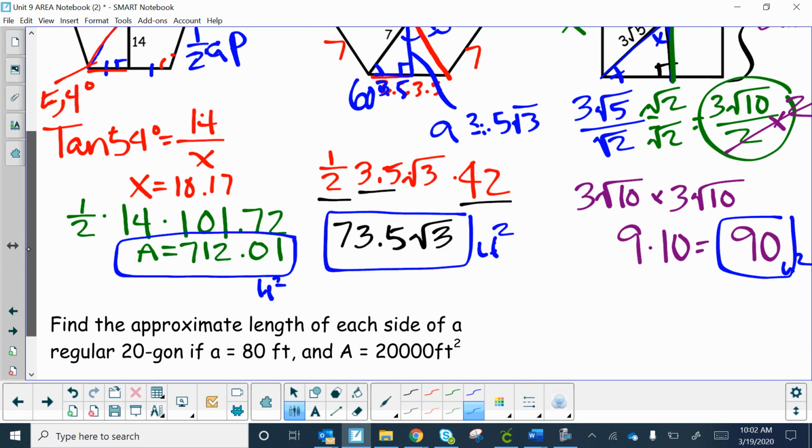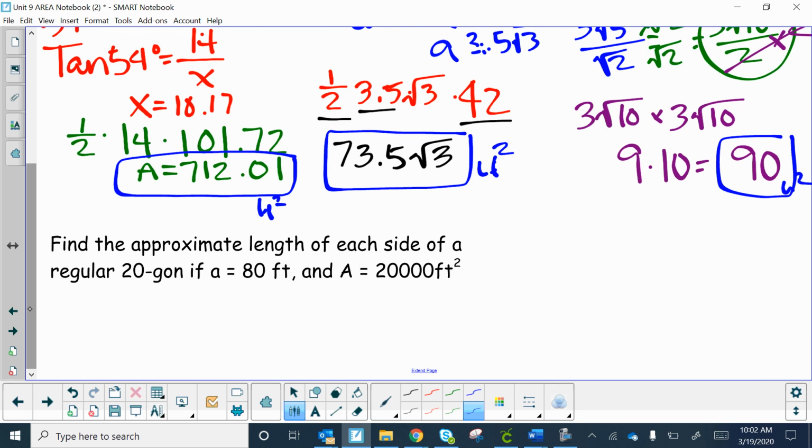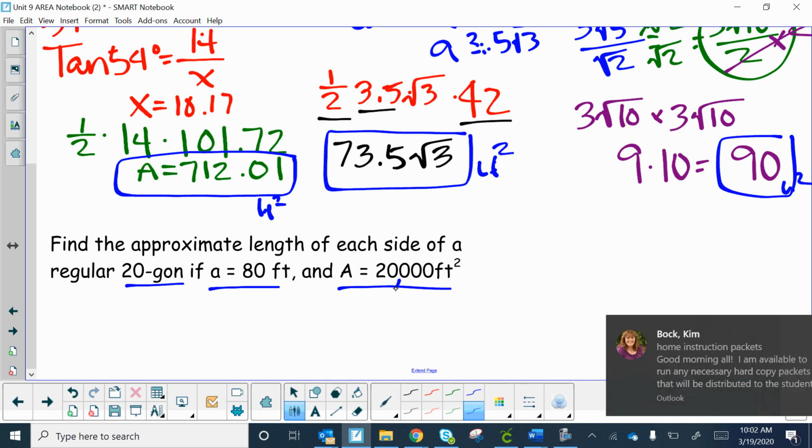So let's try one last problem. It says find the approximate length of each side of a regular 20-gon, a really large regular polygon, if a equals 80 and the area equals 20,000 square feet.